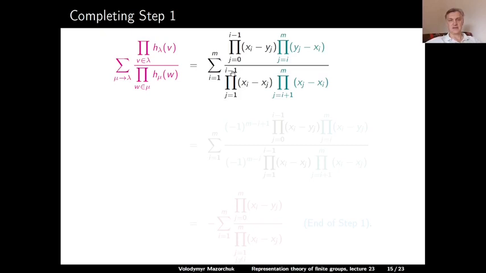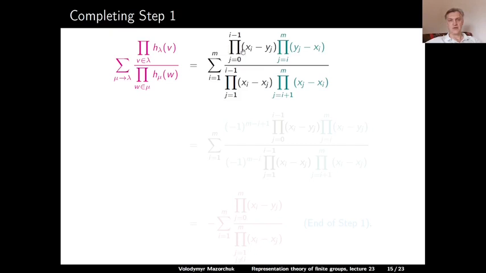This is just indexing them by our removable nodes x1, x2, and so on. And then for the removable node xi, we have the product of the hook lengths of the magenta boxes in the numerator and the product of the hook lengths of the cyan boxes in the denominator. And we just computed them.